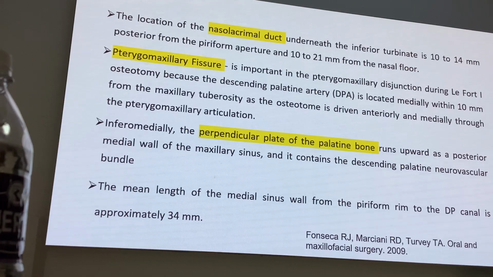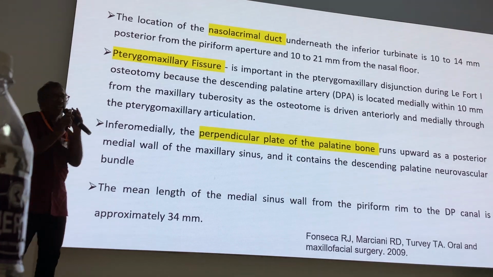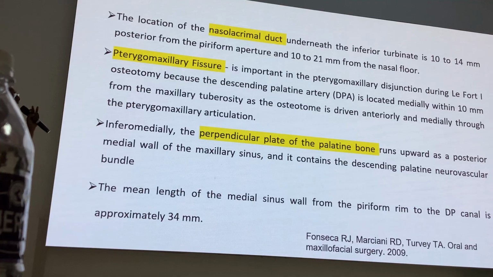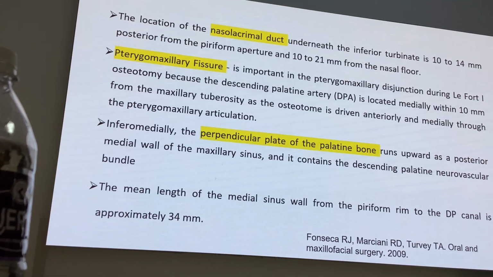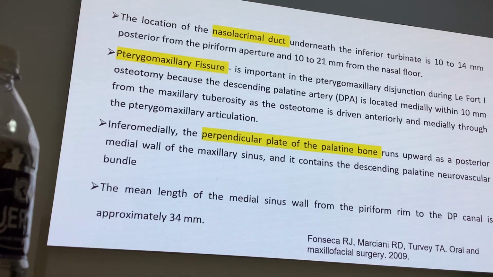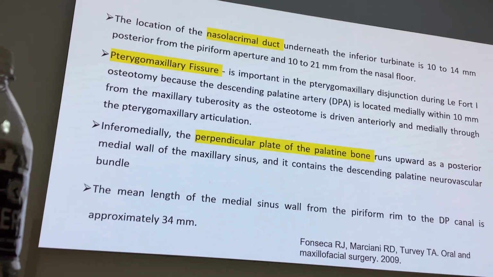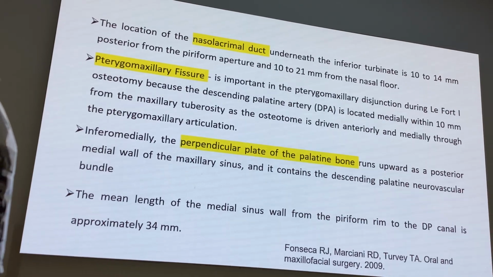So when you are doing the procedures somewhere near that, you have to be very careful regarding damage to the nasolacrimal tract when you are doing high maxillary osteotomies.